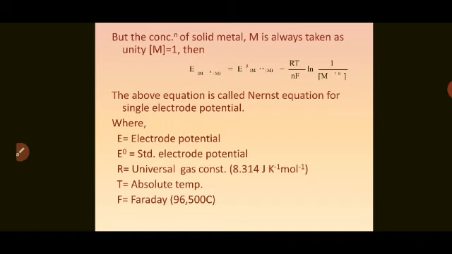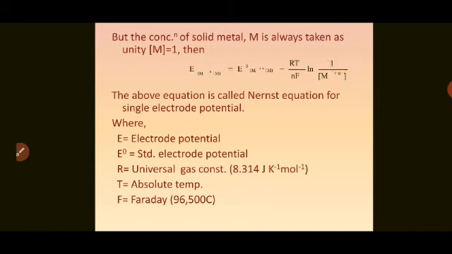Then the remaining form is E of M^n+/M is equal to E naught of M^n+/M minus RT divided by nF into ln 1 divided by the concentration of M^n+, which shows the aqueous solution.